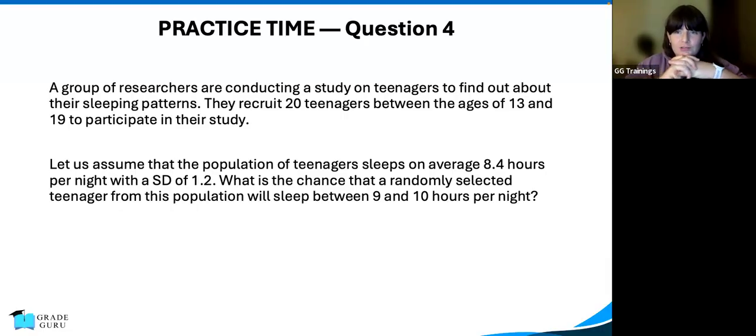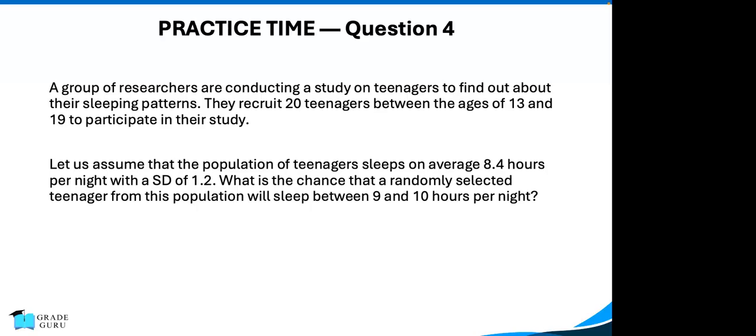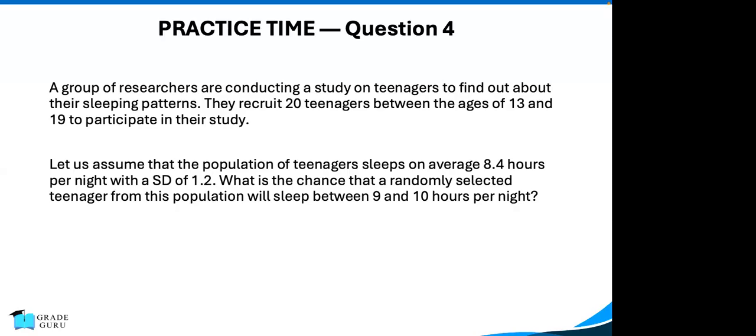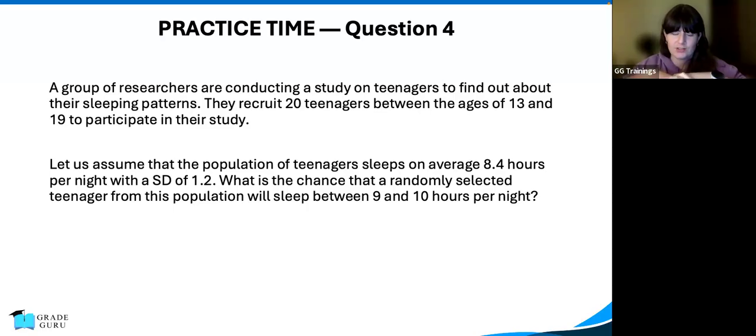In the actual question. Yeah, so the 8.4 hours is the mean then, right? Not the sample mean. It's the population mean, yes. Yeah, okay, so then I think it's the Z transformation. It is a Z transformation.